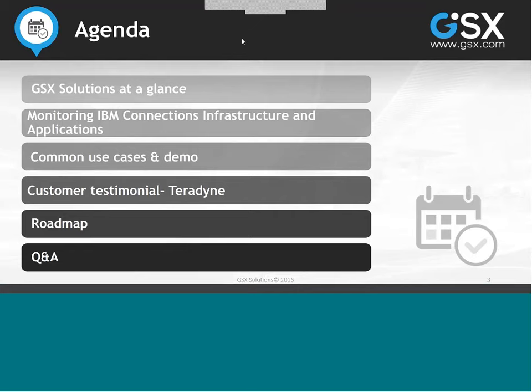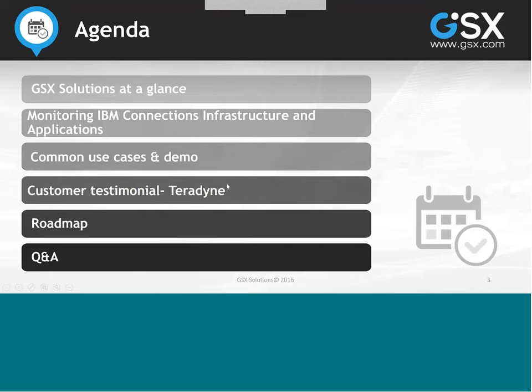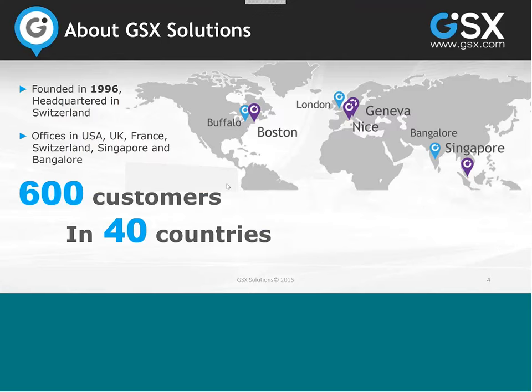So maybe let's go quickly into an overview of the GSX solution, again for all the people that don't know GSX at the moment. I'll try to be quick for all the people that already know us. So GSX, we were founded in 1996, started with Domino monitoring. So it's now 20 years that we monitor the IBM environment. We have offices a bit everywhere in the world.